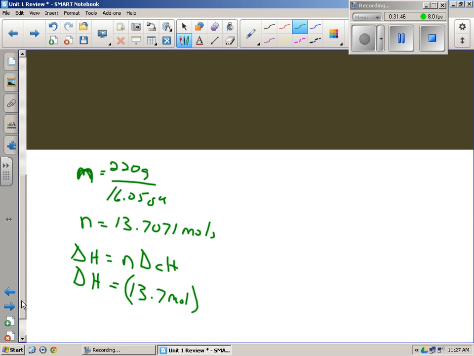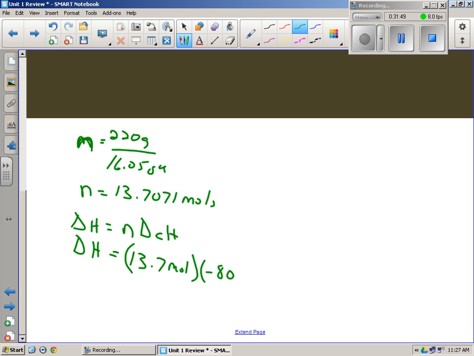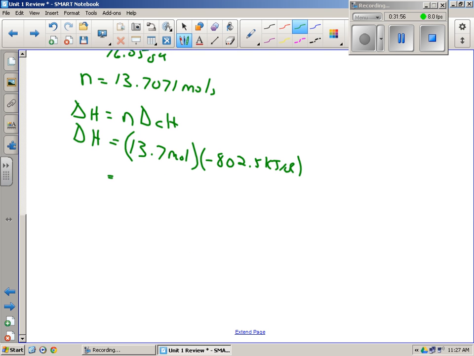So basically I'm going to multiply this by negative 802.5 kilojoules per mole that I burn of methane. And that gives me, well, I might be a little bit off on that number, but it's about 11,000 kilojoules. That's probably rounded a little bit. So theoretically, that's how much energy would be given off based on 220 grams of methane.